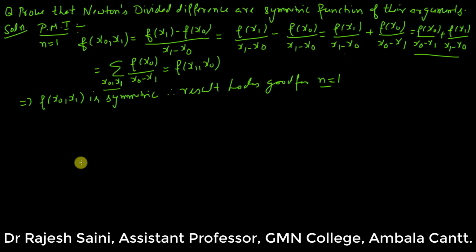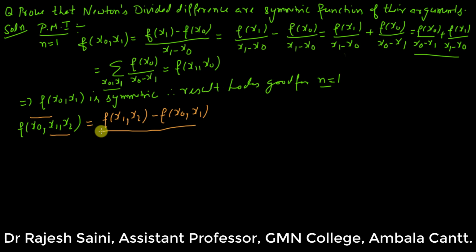Now we'll prove that the result also holds good for n equal to 2. Let us take the second order divided difference, that is x0, x1 and x2. So we'll take the last two, f of x1, x2, then we'll take the first two, minus f of x0, x1, divided by x2 minus x0.